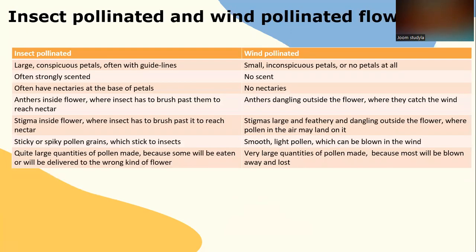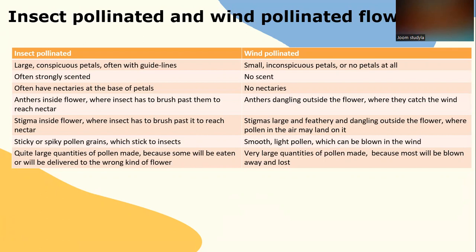Insect pollinated flowers have large conspicuous petals, often with guidelines, often strongly scented, often with nectaries at the base of the petal. The anthers and stigma are inside the flower where the insect has to brush past them to reach the nectar. They have sticky or spiky pollen grains which stick to insects, and quite a large quantity of pollen is made because some will be eaten or will be delivered to the wrong kind of flowers.